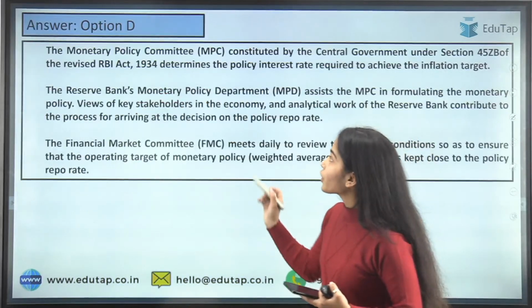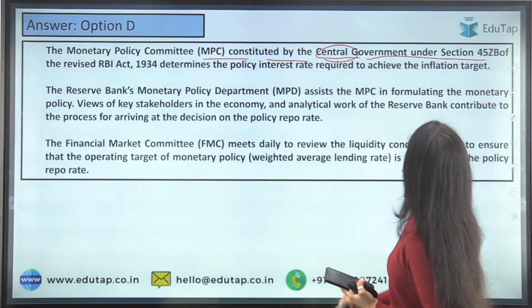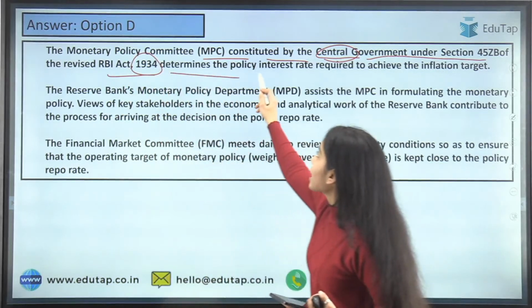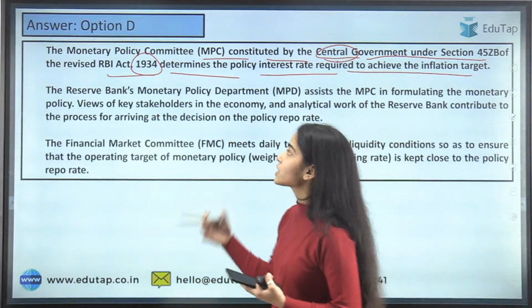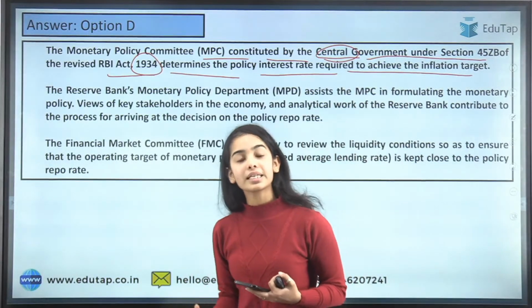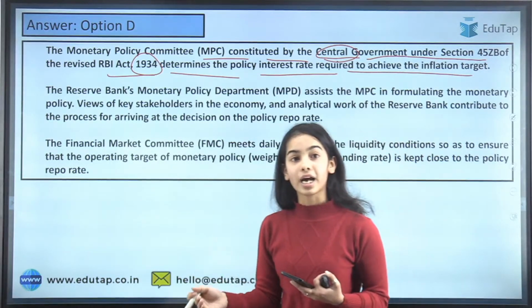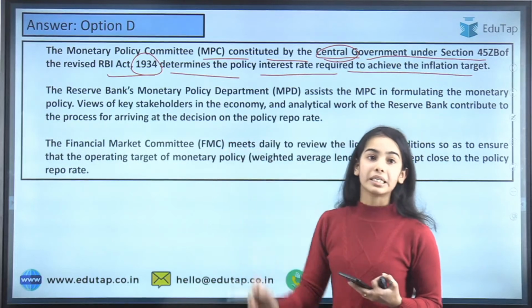The Monetary Policy Committee, constituted by the central government under section 45ZB of the revised RBI Act, determines the policy interest rate required to achieve the inflation target. Three members are of the government, three members are of our RBI, and the RBI's governor is the Monetary Policy Committee's head.